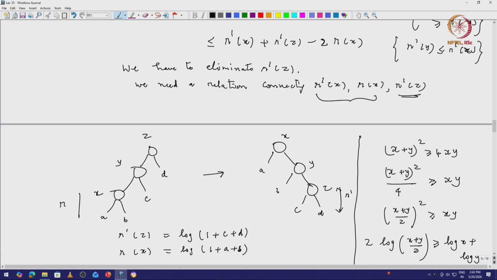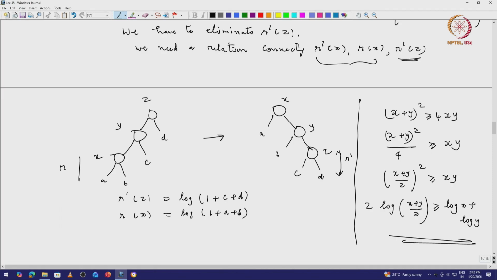Okay. Now, if you look at r dash x, that is equal to log of 3 plus a plus b plus c plus d. Okay.